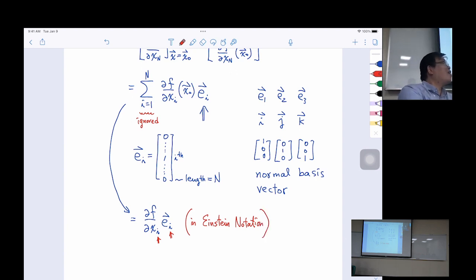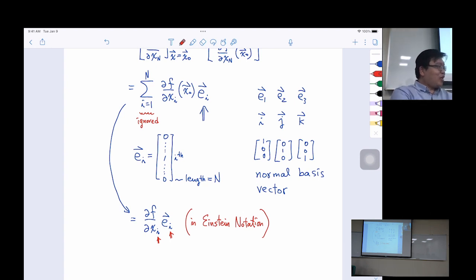Yeah. How can we know that the number of terms is n or is k? Oh. Okay. So usually, when you derive a general equation, the derivation should be general enough that it suits any number of components.